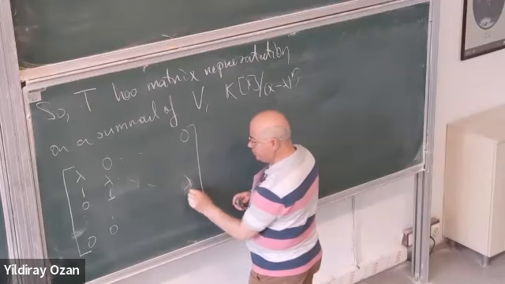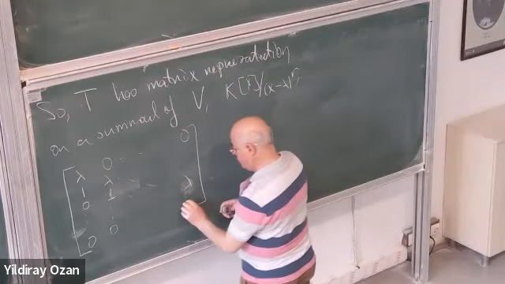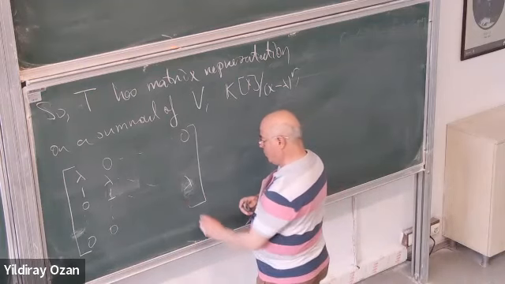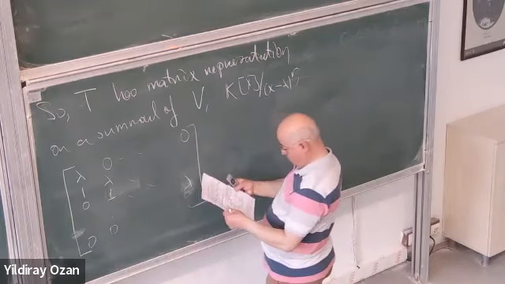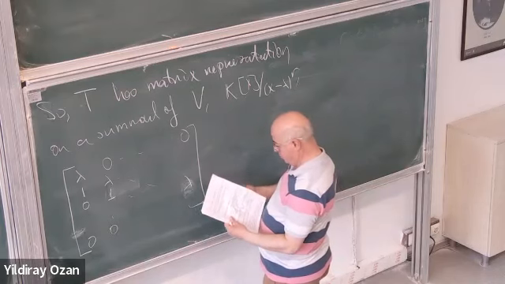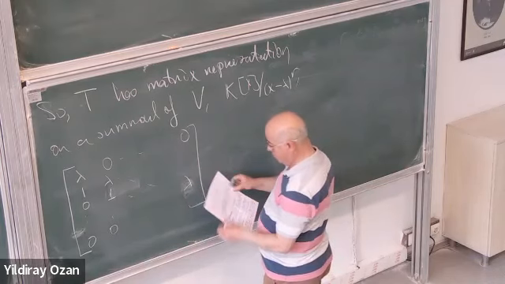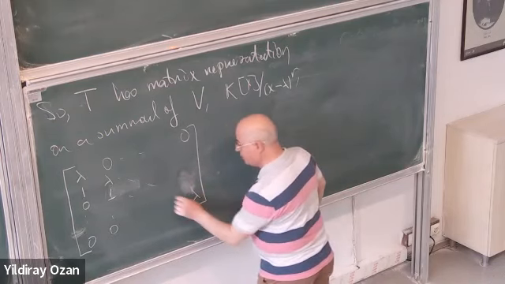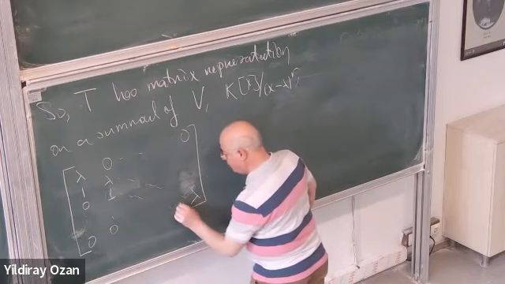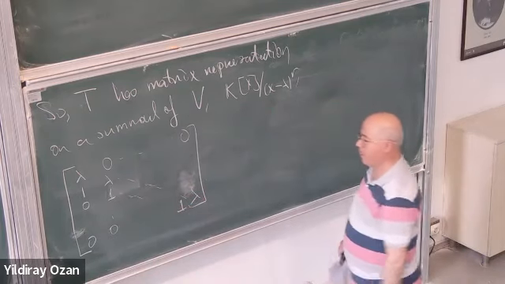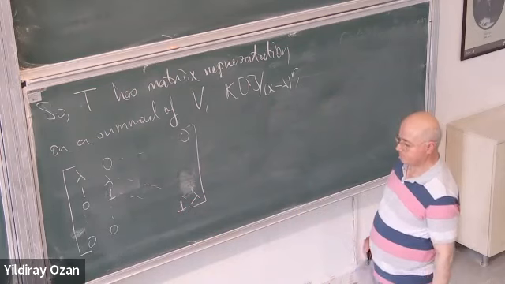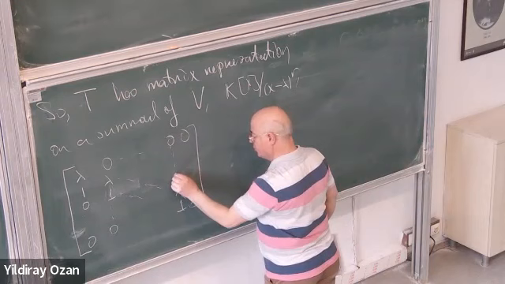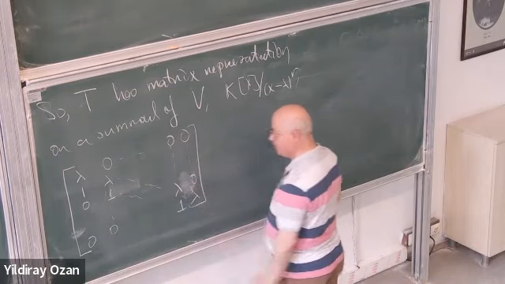I have lambda here, and then here I have 1. There are ones on the diagonal. And so here I have 0, 0, 0, and I have this.